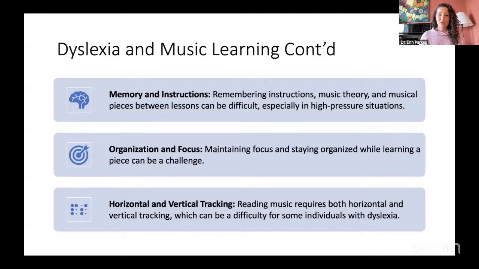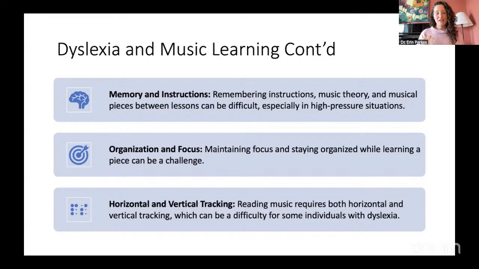Organization and focus. So maintaining focus and staying organized while learning a piece can be a challenge. And horizontal and vertical tracking. So reading music requires both horizontal and vertical tracking, particularly playing the piano, where we have two staves most of the time, which can be a difficulty for individuals with dyslexia. So reading one staff is difficult enough.